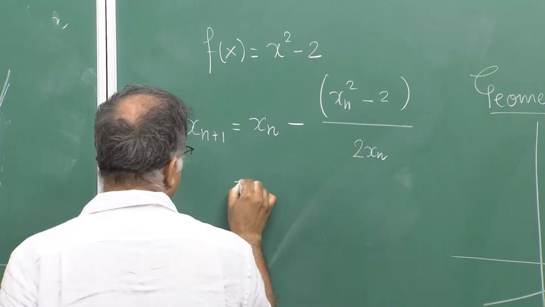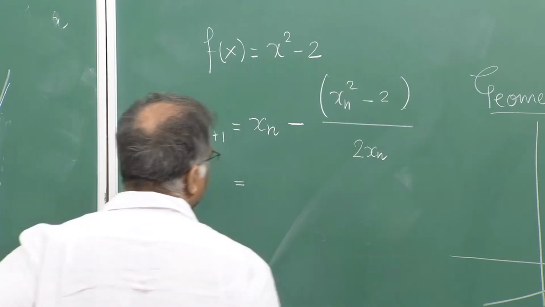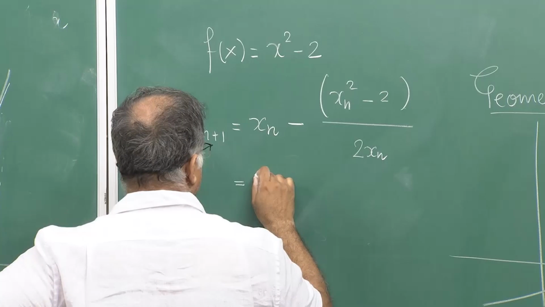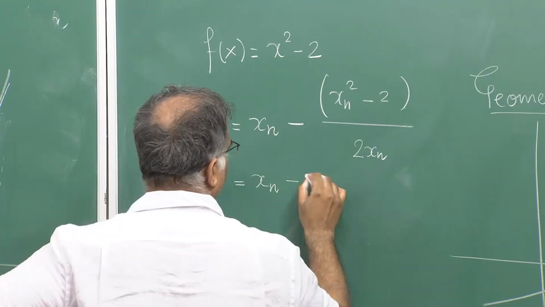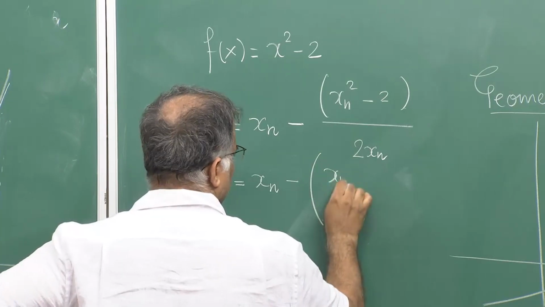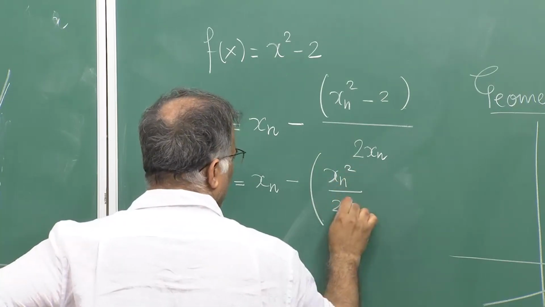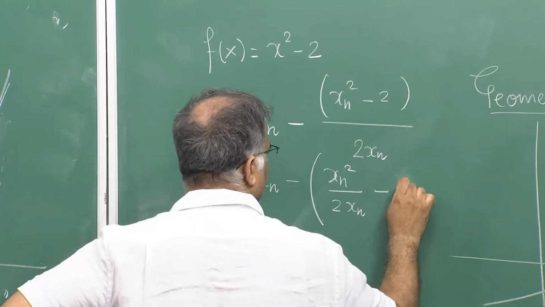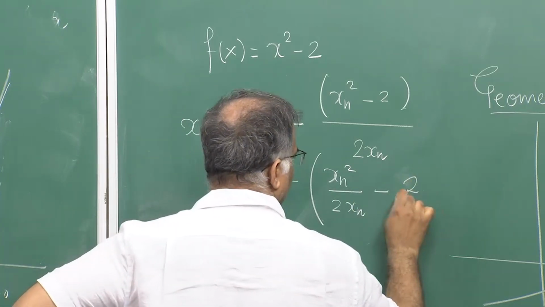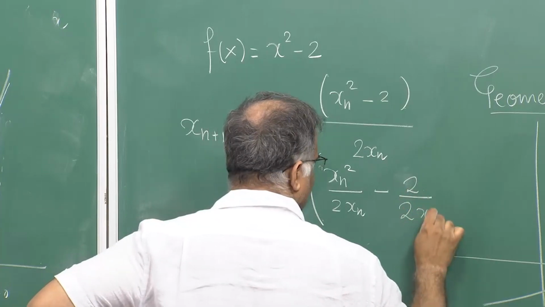So this is xn minus xn square by 2xn minus 2 by 2xn.